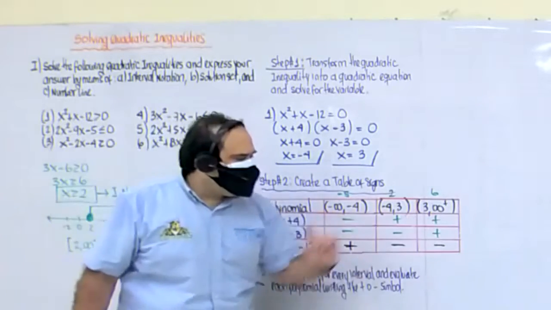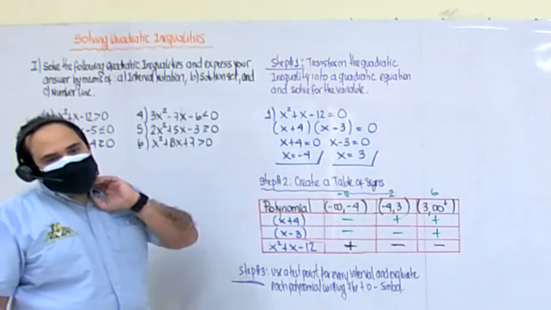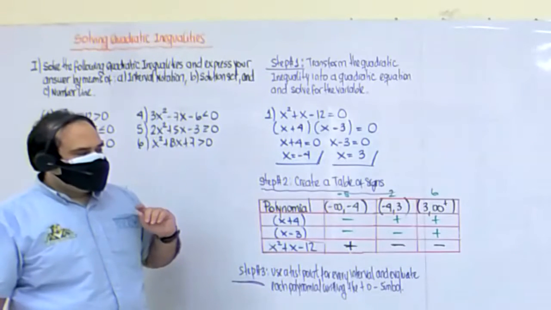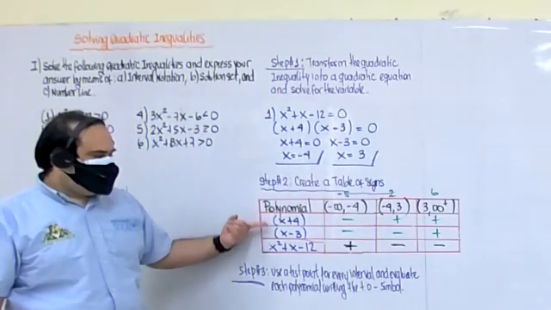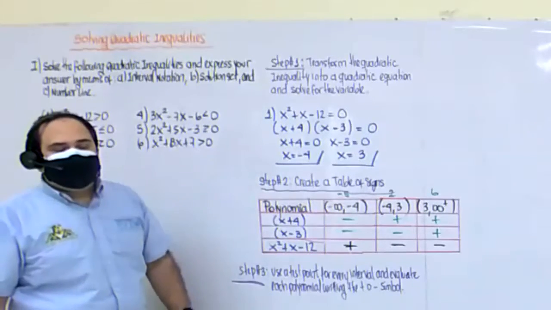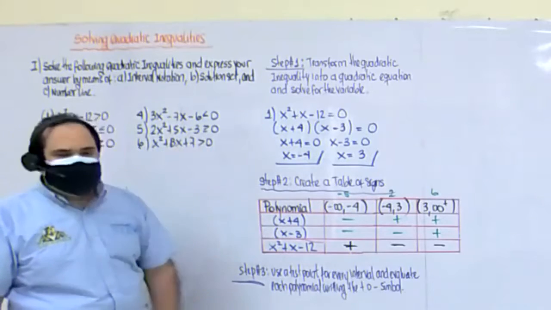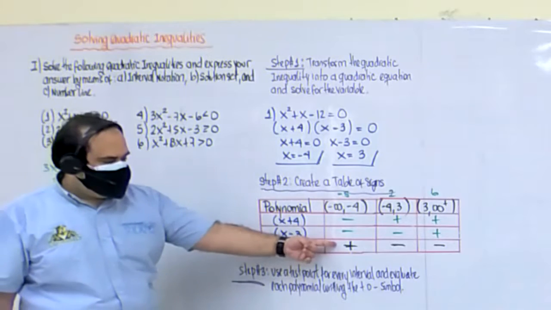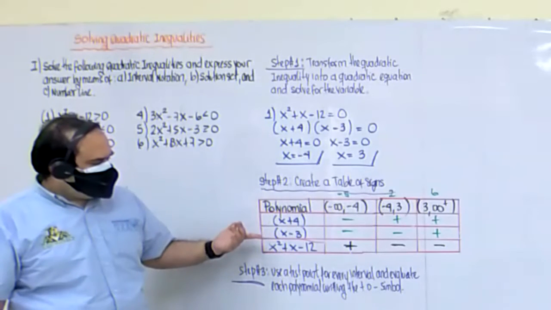Positive. See over here, basically, depending on what we had on the side, in the parentheses, we're going to choose a number, could be anyone, and we will replace x with it. And in the bottom one, that is x squared plus x minus 12, we're going to do the same.